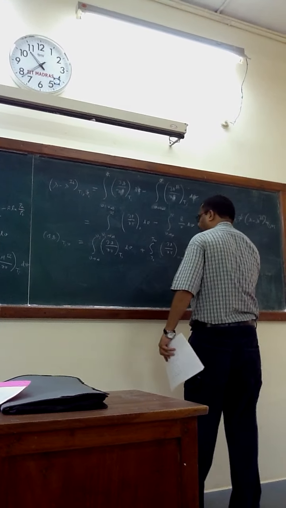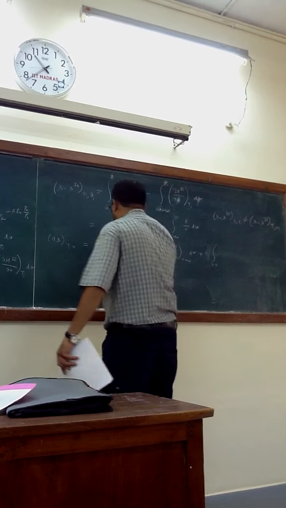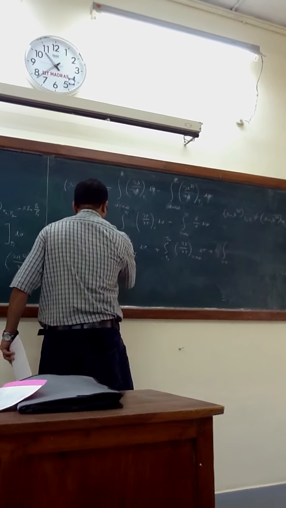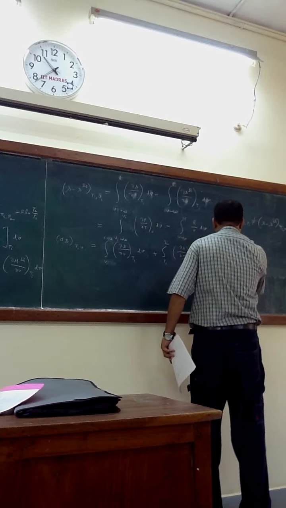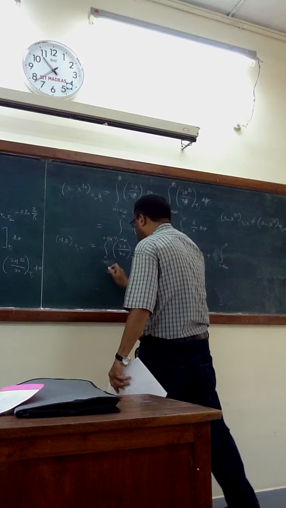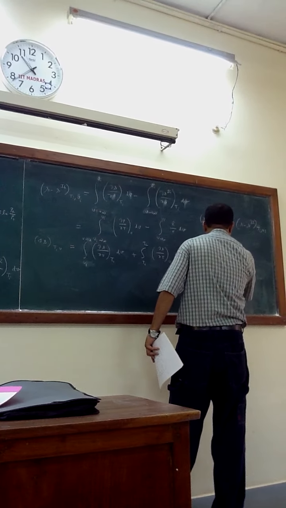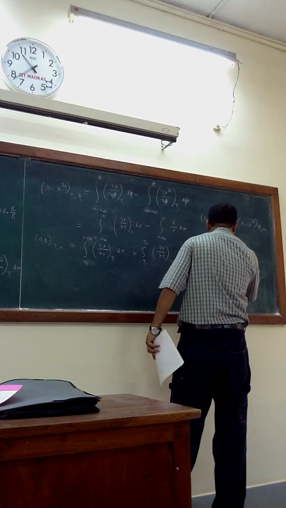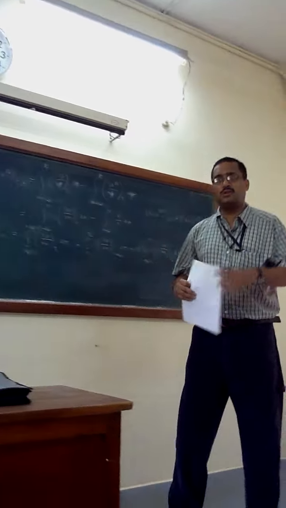This term will be V tending to infinity to V1, it should be V2, dou S by dou V T2 dV. Am I correct? Yes or no? This one?